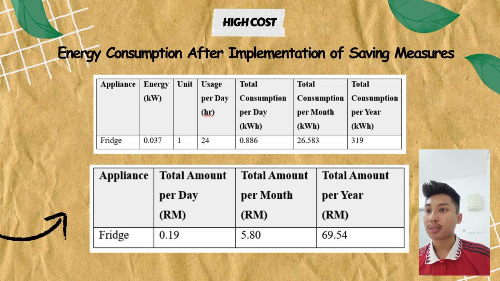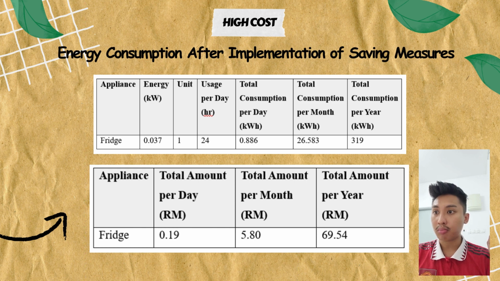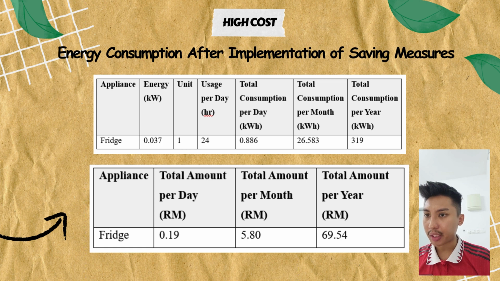We have decided to upgrade our old refrigerator as it is quite old already, maybe around 10 years, I guess, which becomes inefficient over time. And this new fridge is a 4-star rating appliance according to the seller, consuming only 319 kilowatt hours per year, which is quite good. And this amounts to around 70 ringgit a year.